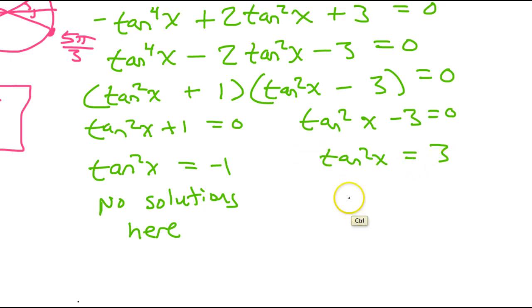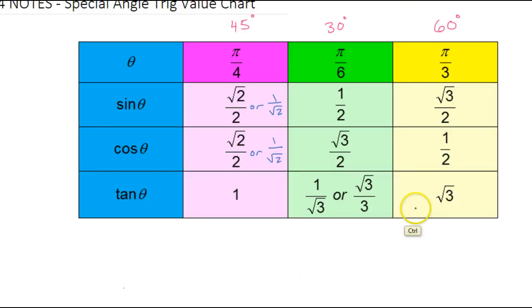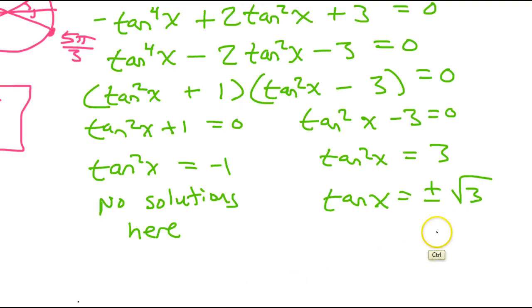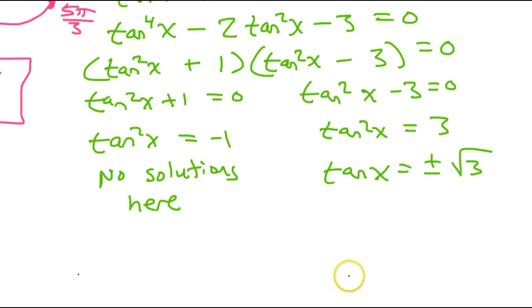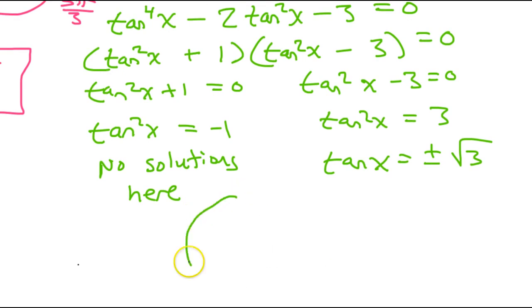If I take the square root of both sides, that's going to give me tangent x is equal to plus or minus radical 3. Okay, now remembering the identities that I have memorized, tangent of pi over 3 is radical 3. So that means the reference angle is pi over 3. All right, so you should be able to picture this in your mind.